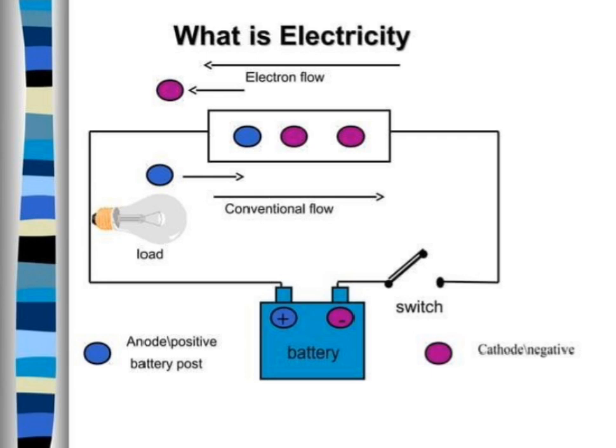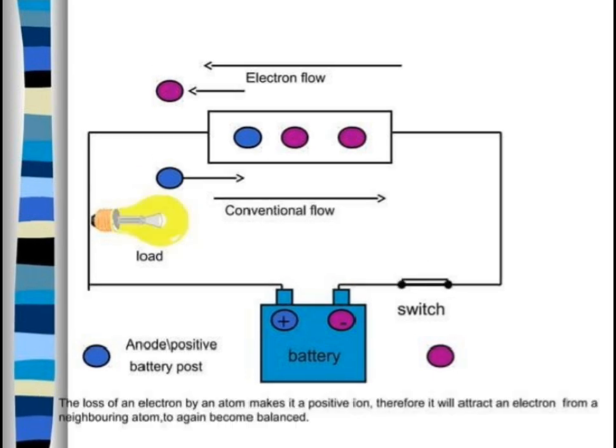Electron flow moves from the negative terminal to the positive terminal. So nakita niyo mo dyan kung asa siya naga-move. And then ang conventional flow moves in the opposite direction, from positive to negative. So mao na siya kaning na blue conventional na diri siya nagka-move sa opposite direction.